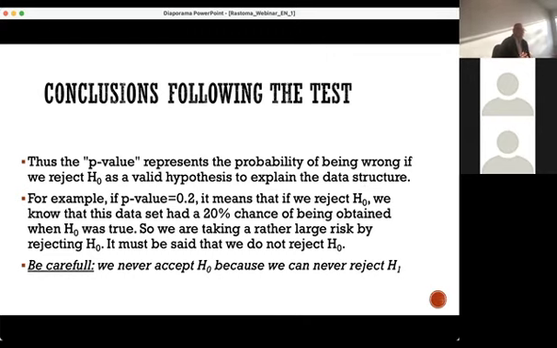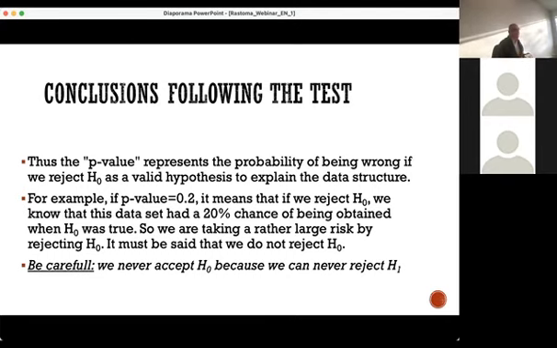Let's take an example, it will be simpler. After doing the test, for example, you observed a p-value of 0.2. If you have such a value, it means that if you reject H0, remember H0 is clearly defined, so you can reject H0, you know that this data set had 20% of chance of being obtained when H0 was true.